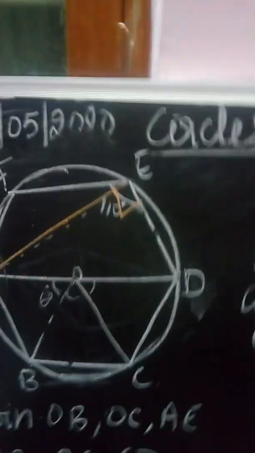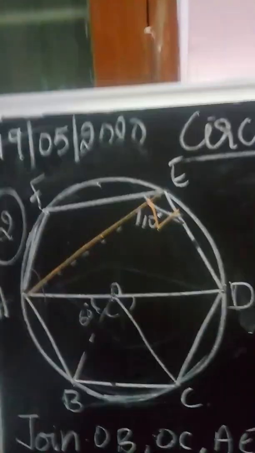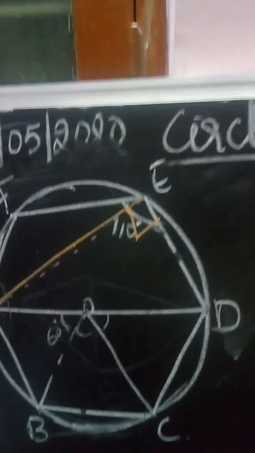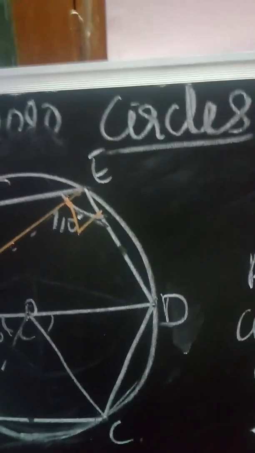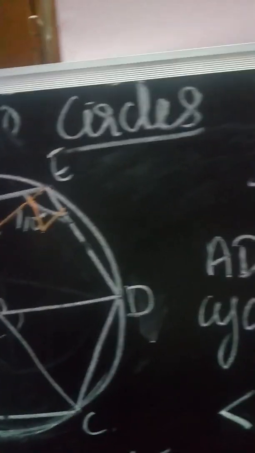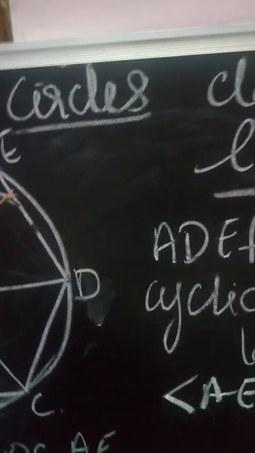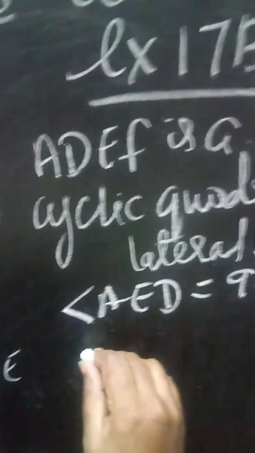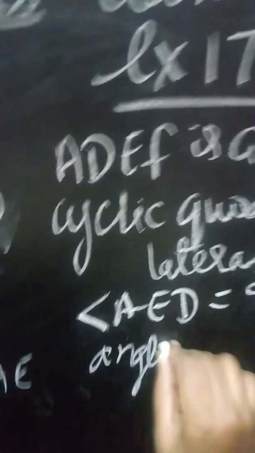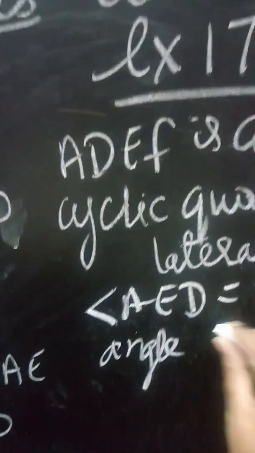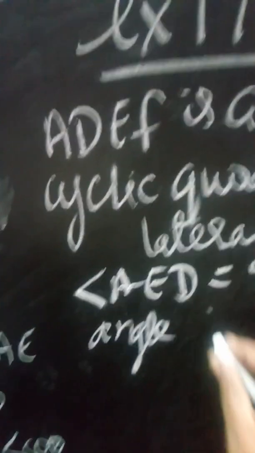Now this angle is the angle in the semicircle. So angle AED will be the angle in the semicircle. Angle AED is equal to 90 degree, angle in the semicircle.